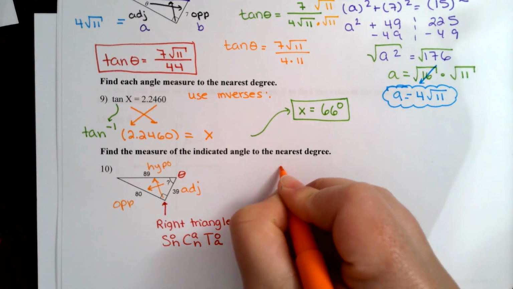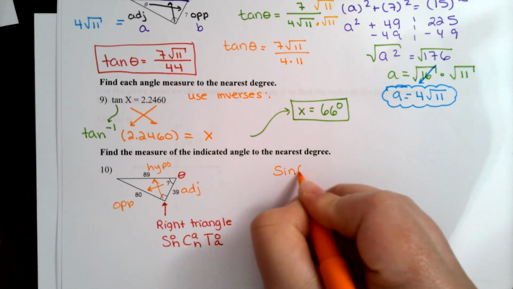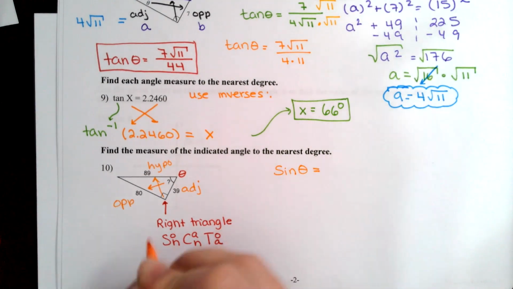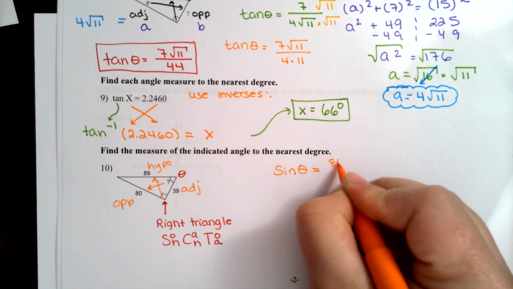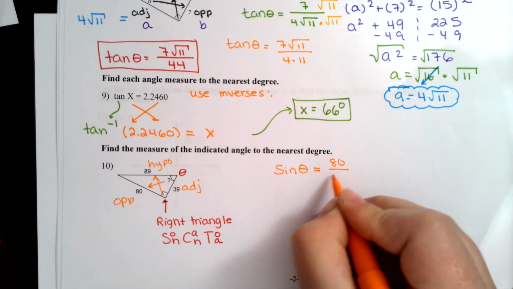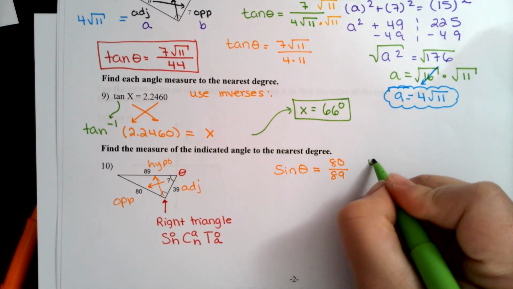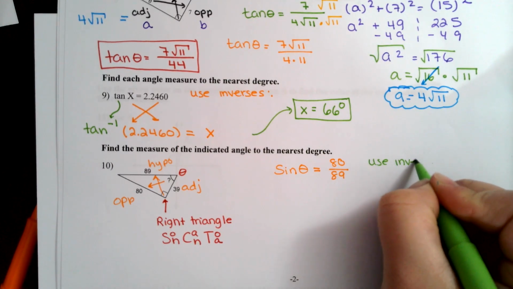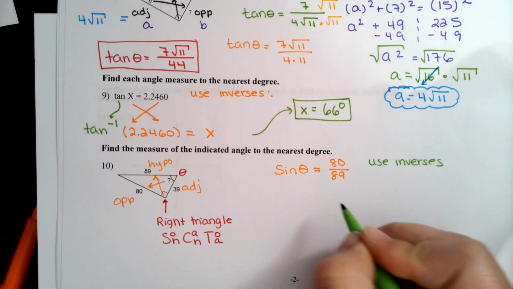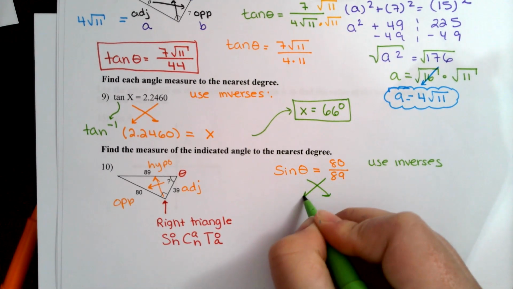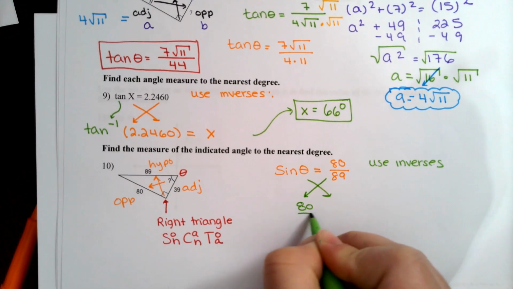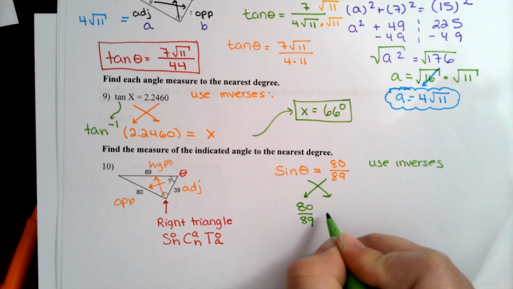So let's say if we wanted to use sine, we would write sine of theta is equal to, again, opposite over hypotenuse. We would use inverses to invert our theta and our 80 over 89.